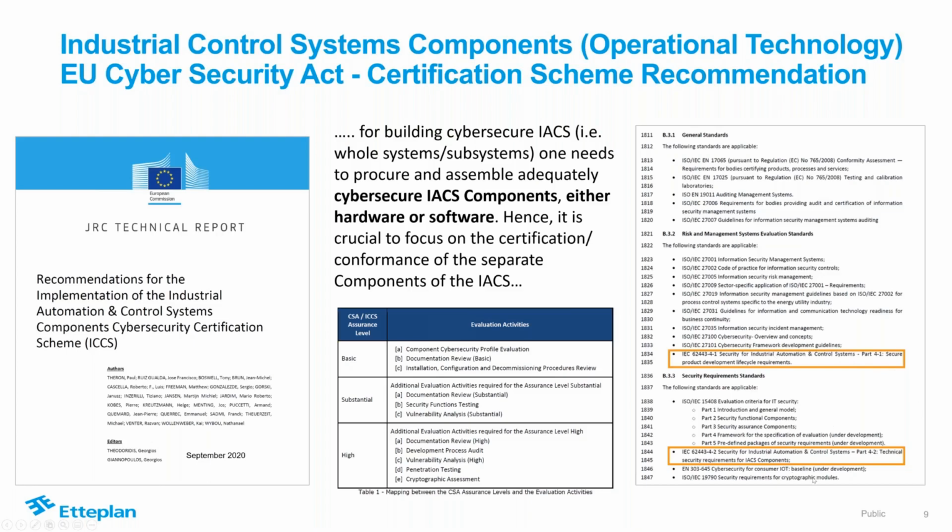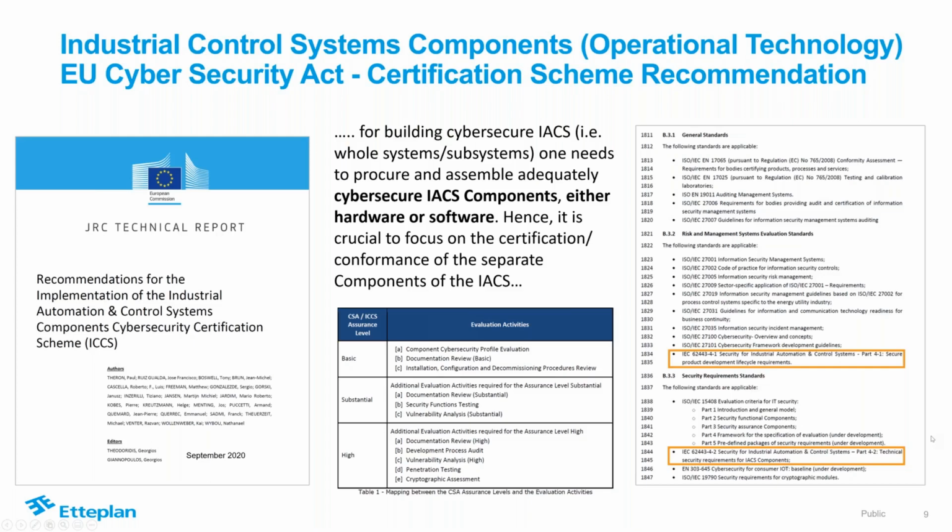So it's good to know that in this recommendation the 62443 is well represented, and it's also possible to utilize the 27000 for the design lifecycle process, and then also the IT systems or the consumer IoT standards for the design requirements themselves.